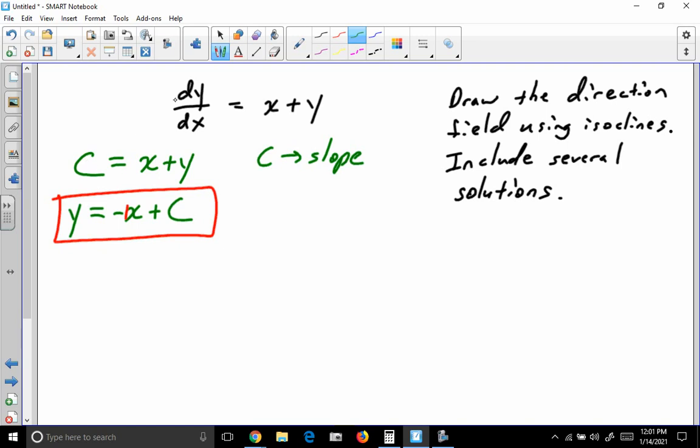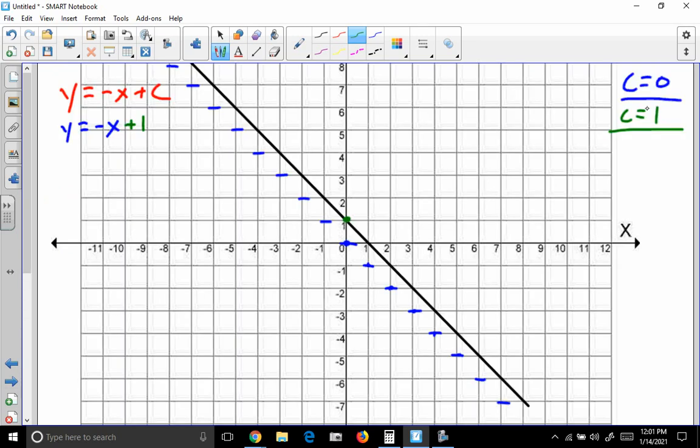Remember, we replaced our slope with C. So everywhere on that line, we have a slope of 1. So I'm going to put little dashes that have slopes of 1. So don't be confused with the slope of the direction field and the slope of the isocline. When we use this equation, it has a slope of -1. That just generates the line on which all the slopes are the same.